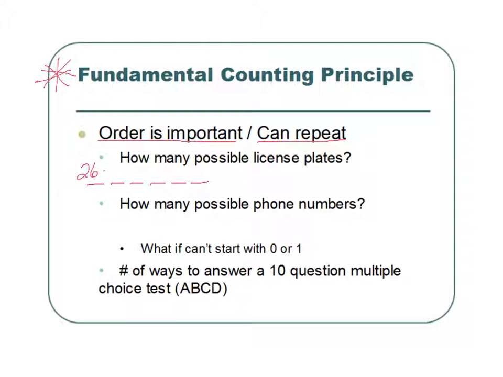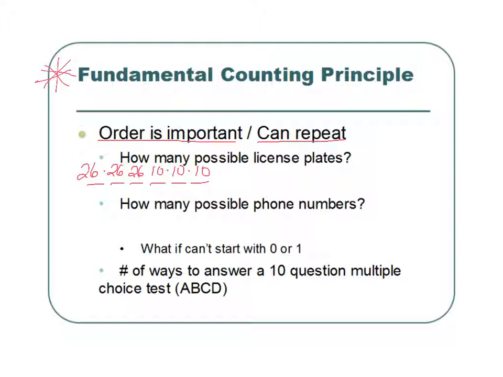And for the second letter, since I am allowed to repeat on a license plate, I can use a B twice in a row, and that's no big deal. Then I would still have 26 options for the next one, and then 26 options for the last letter, followed by 3 numbers. Now there's 10 digits, 0 through 9, so I'd have 10 options, and 10 options, and 10 options, because I can repeat.